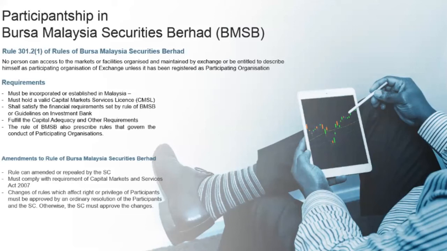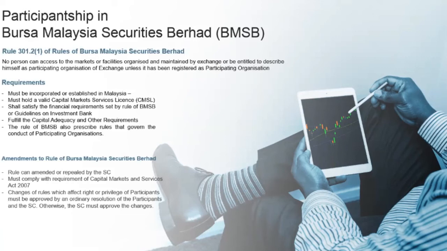So what are the requirements? The company must be incorporated or established in Malaysia, hold a valid capital market services license, satisfy the financial requirements, and fulfill the capital adequacy and other requirements.